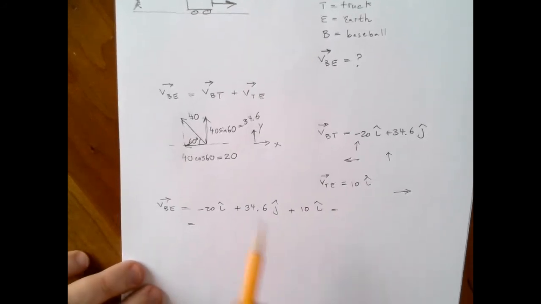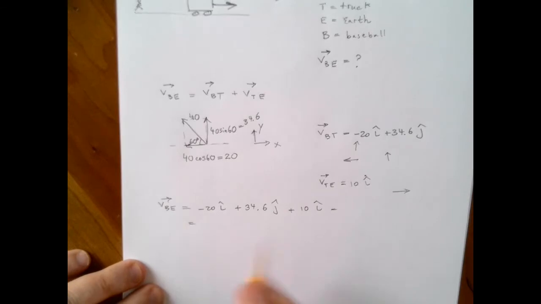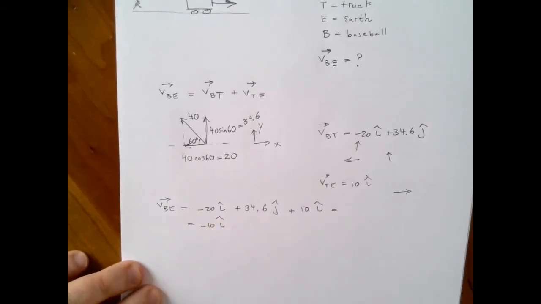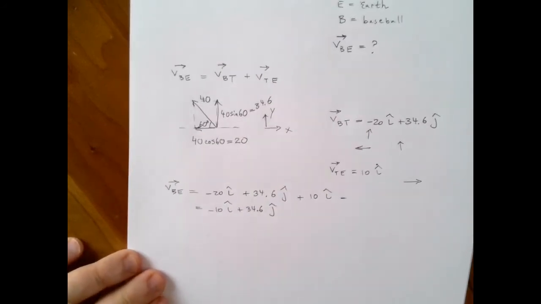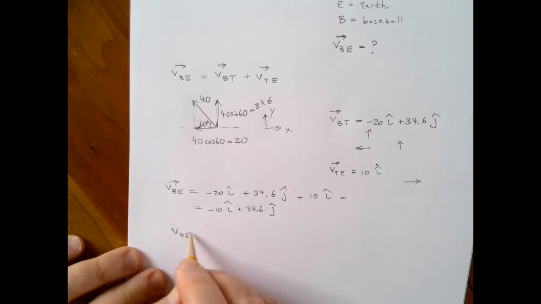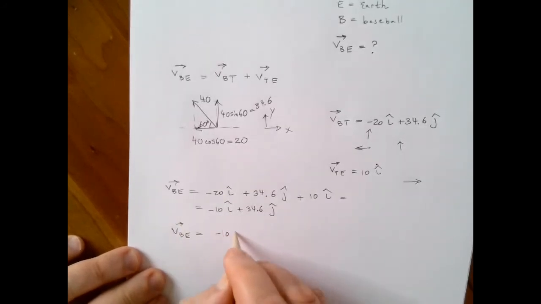We know how to add vectors. Minus 20 plus 10 will become minus 10 i hat, and 34.6 j hat is left untouched. So the velocity of the ball with respect to the Earth is negative 10 i hat plus 34.6 j hat.